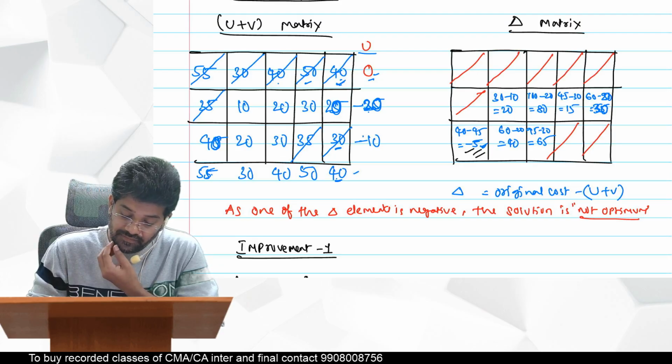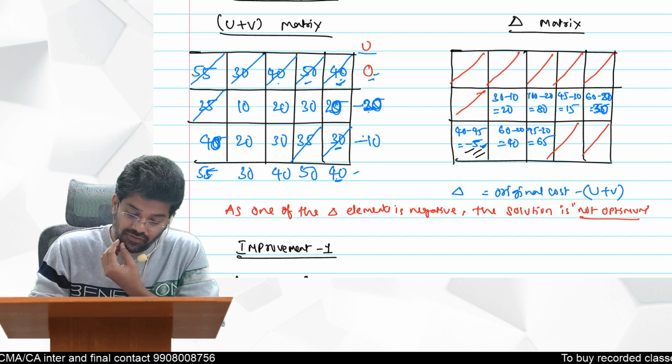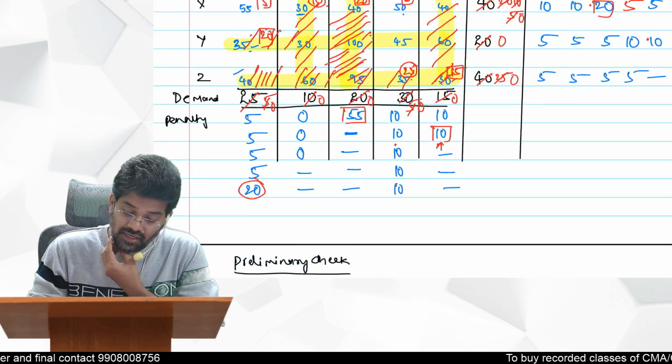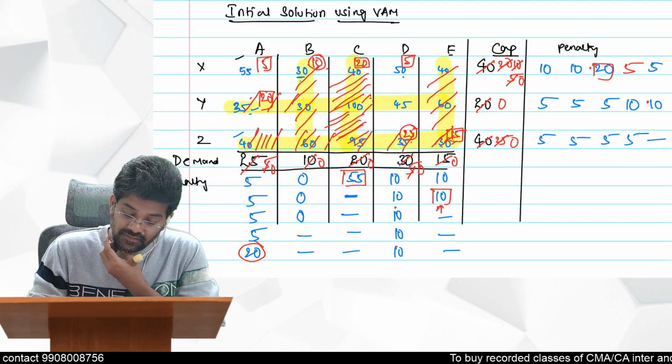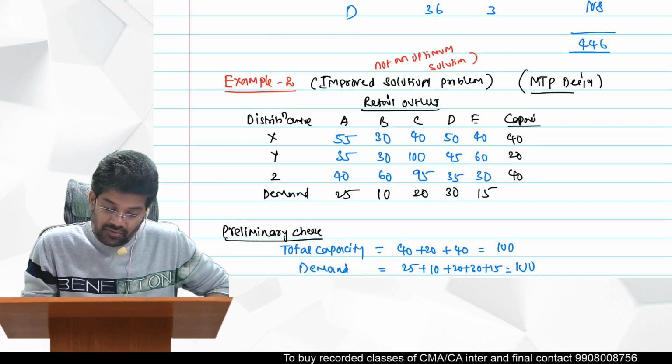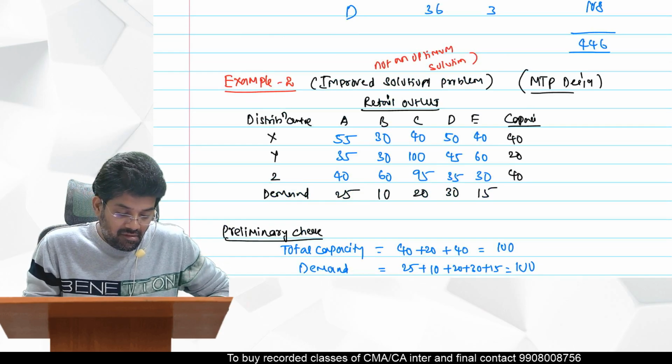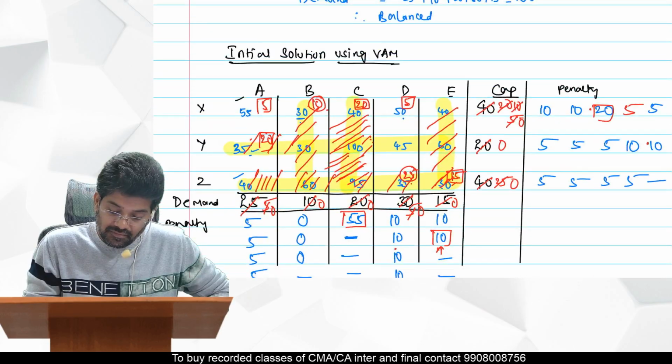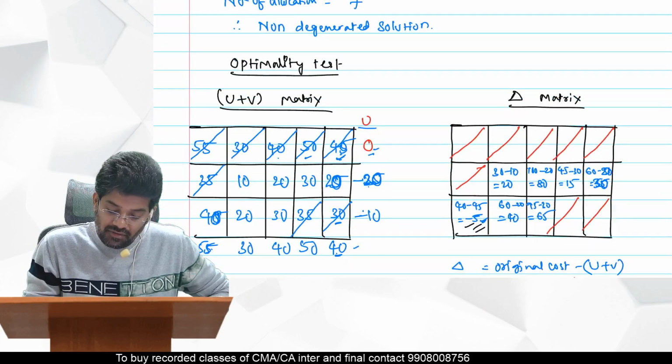This one is 40 minus this figure also 45. The cost of allocated is, E value is, this value we have to calculate, no?